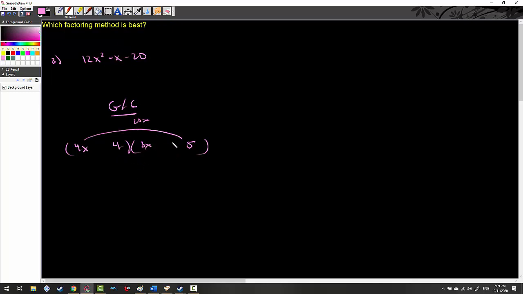Now, before I even check, let me explain to you why this is a bad guess. It's because in this factorization, the first one, notice how there's a 4 and a 4. If that was true, that means there would have been a GCF of 4 in this bubble right here. But remember, we're not fundamentally changing this expression at all.